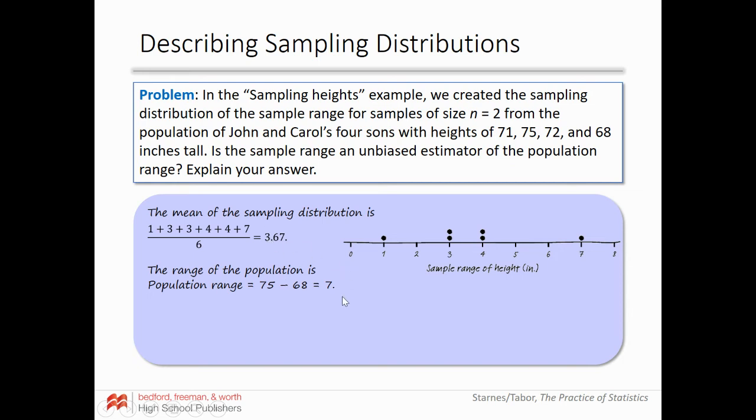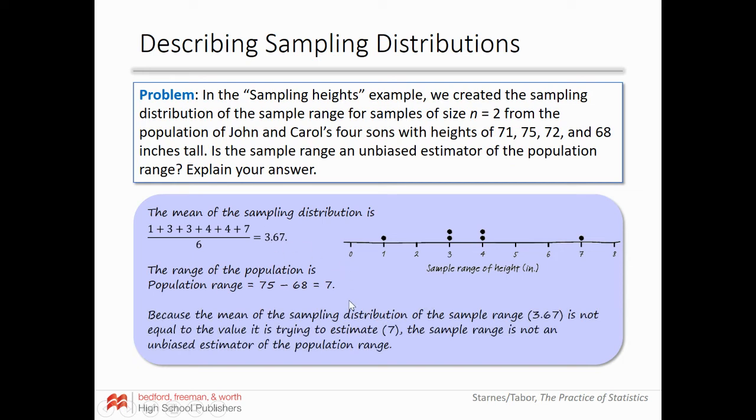Since the mean of the sampling distribution of the sample range is not equal to the value it's trying to estimate, which is the population range, the sample range is not an unbiased estimator of the population range. So if you take the mean of the sampling distribution and it's equal to the population parameter, then it's unbiased. If not, it's a biased estimator.